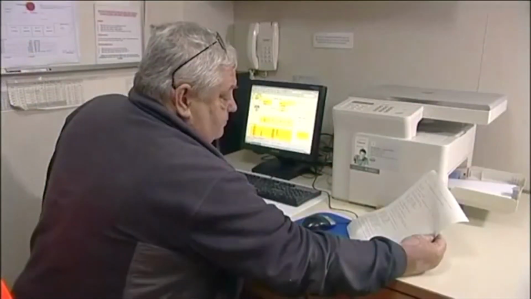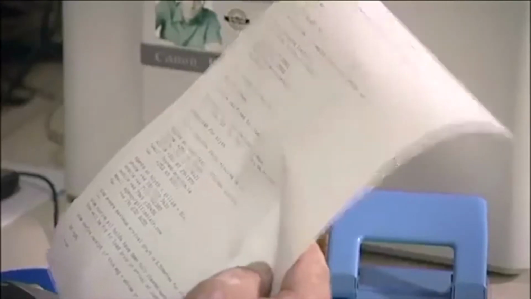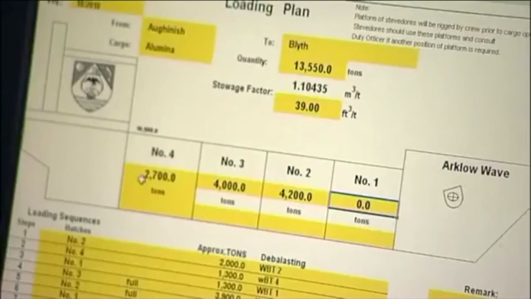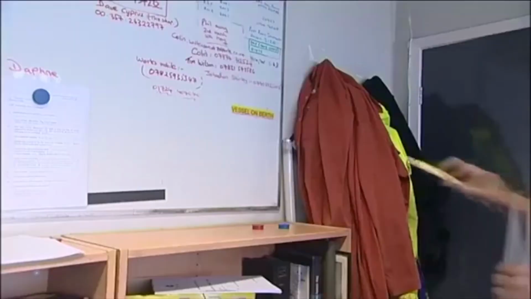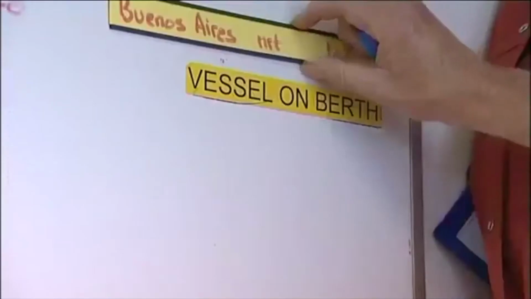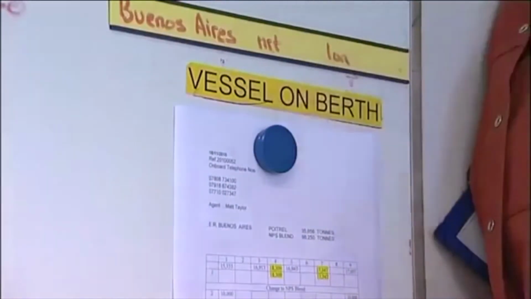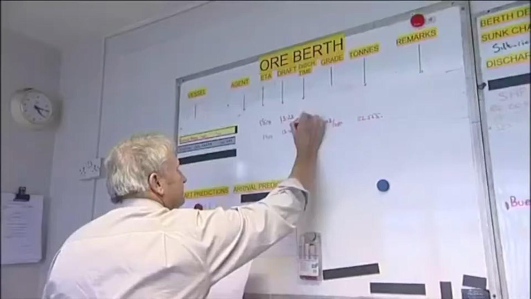But in all cases, the preliminary shipping information must be received in sufficient time to allow an accurate loading or discharge plan to be produced. Likewise, terminal staff will require information about the ship in order for them to put in place their own preparations for cargo handling.